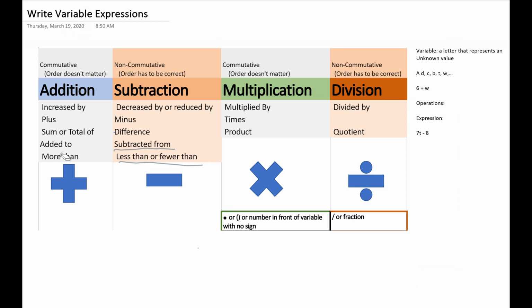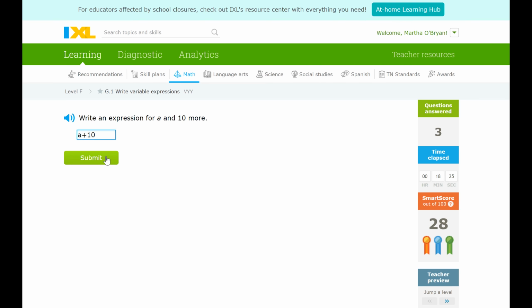So it's written a little bit differently, but it's the same idea as that phrase more than. That word more is referring to addition. Awesome. Let's do 81 minus u. 81 minus u. That's pretty straightforward.